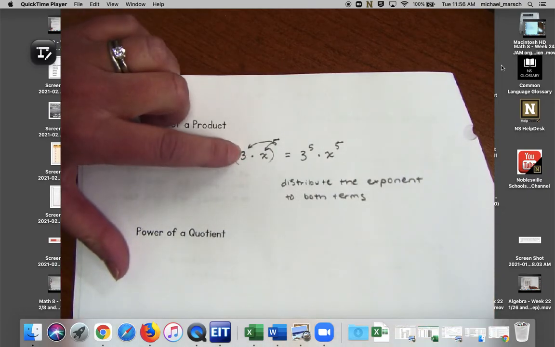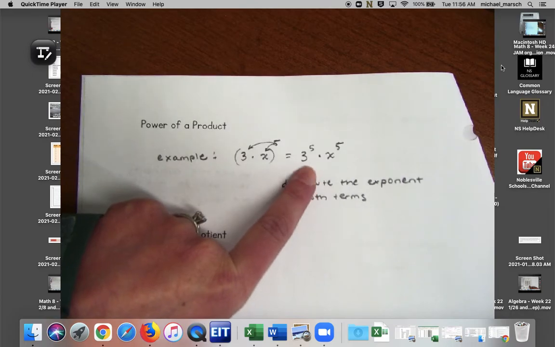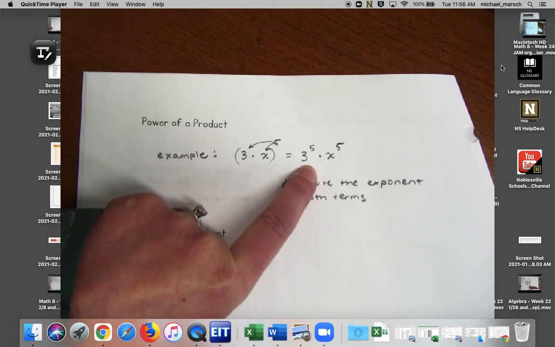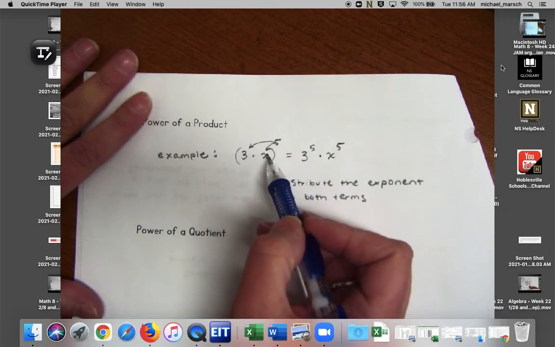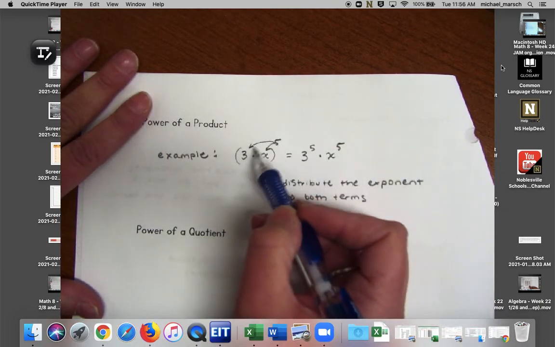What if this was 3 squared? What would my exponent be now over here? 3 to the 10th power. Remember, there's always a secret 1 here, so that's like saying 5 times 1 and 5 times 1.